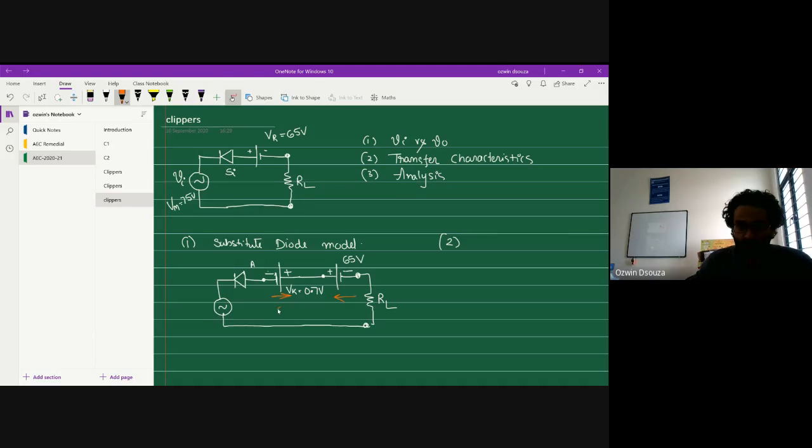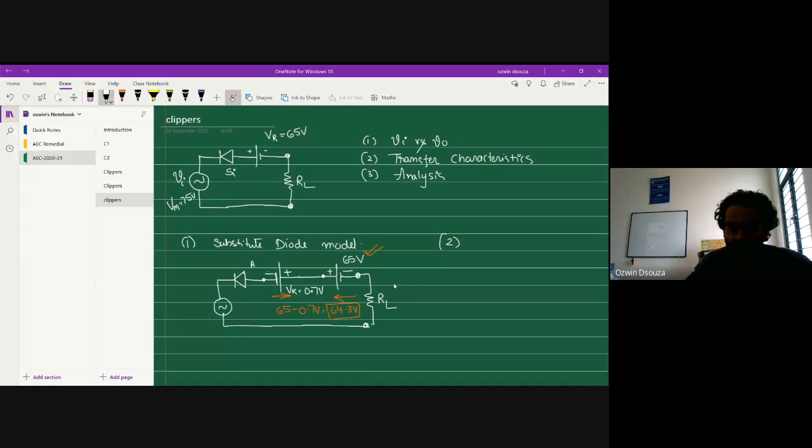So you have 65 volts and 0.7 volts. Subtract the two potentials. How much will you get? You will get 64.3 volts. So 64.3 volts will be the effective DC voltage of this circuit, and you are supposed to give the polarity of the dominant source. So the 65 volt source is the dominant source, and this 64.3 volt cell will have the polarity convention of the 65 volt battery.